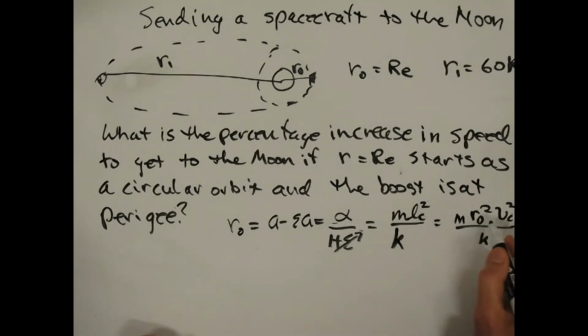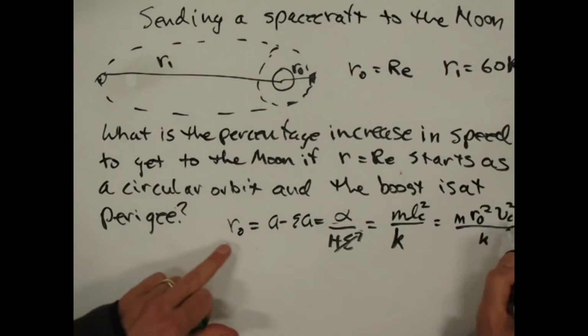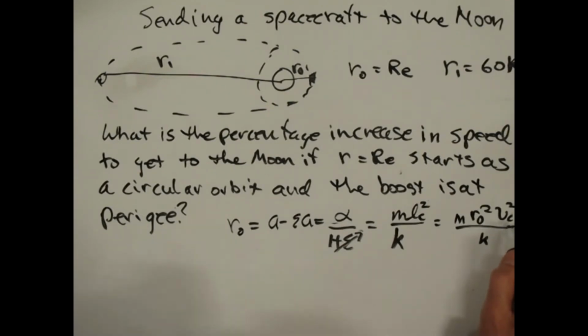And then since the circular orbit is at its closest approach, the angle between the radius and the velocity is 90 degrees, so that's just equal to m r0 squared vc over k, and all that is from r0 here.